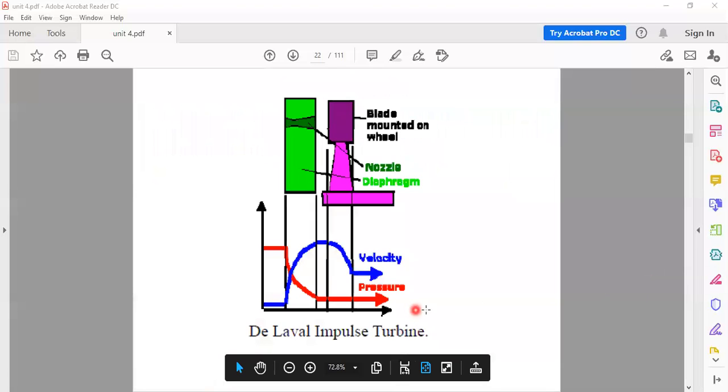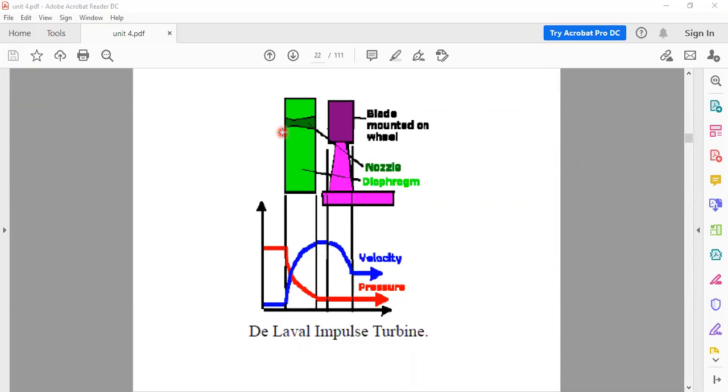Delivery level impulse turbine, same procedure. See, this is the nozzle, this is our turbine. At the time of steam removing from the boiler, coming to the nozzle, our velocity is very low and pressure is very high.